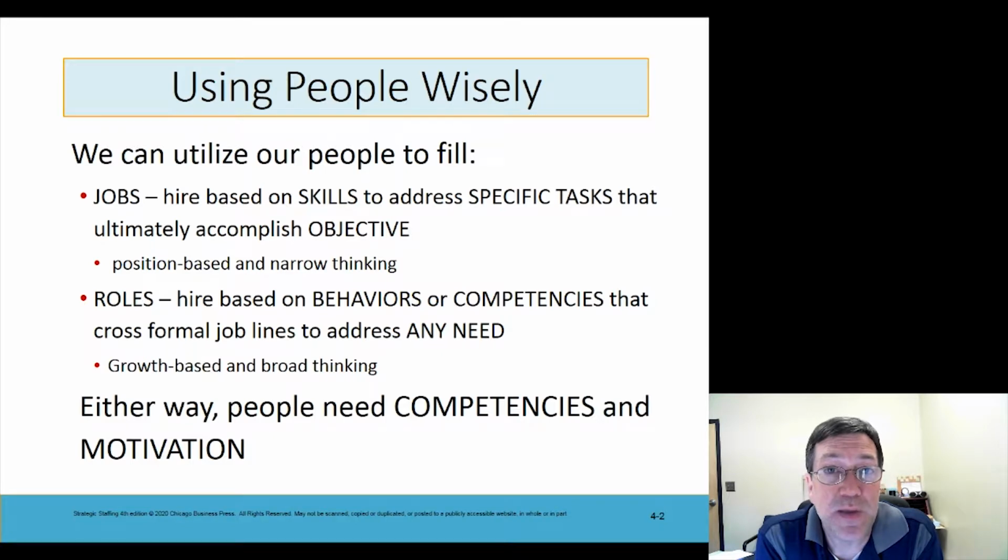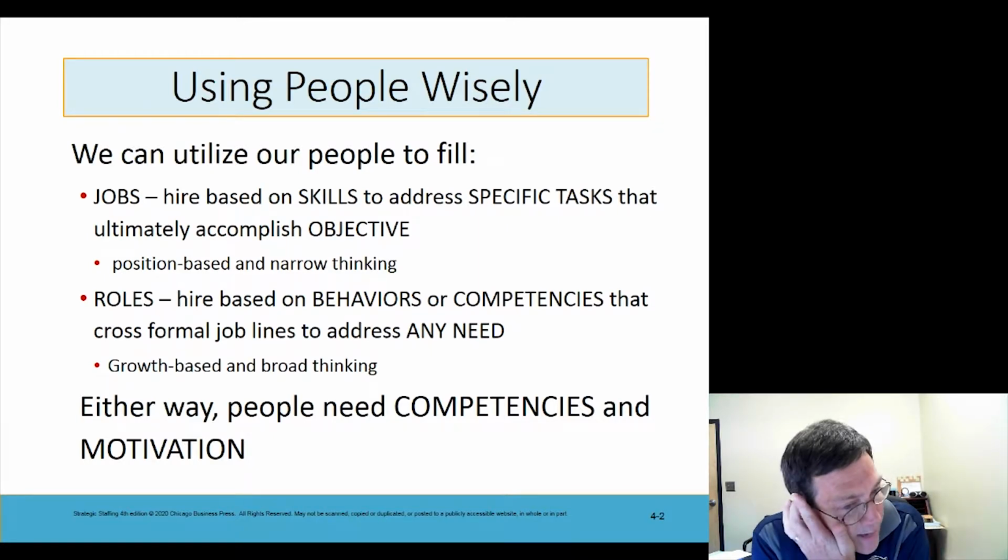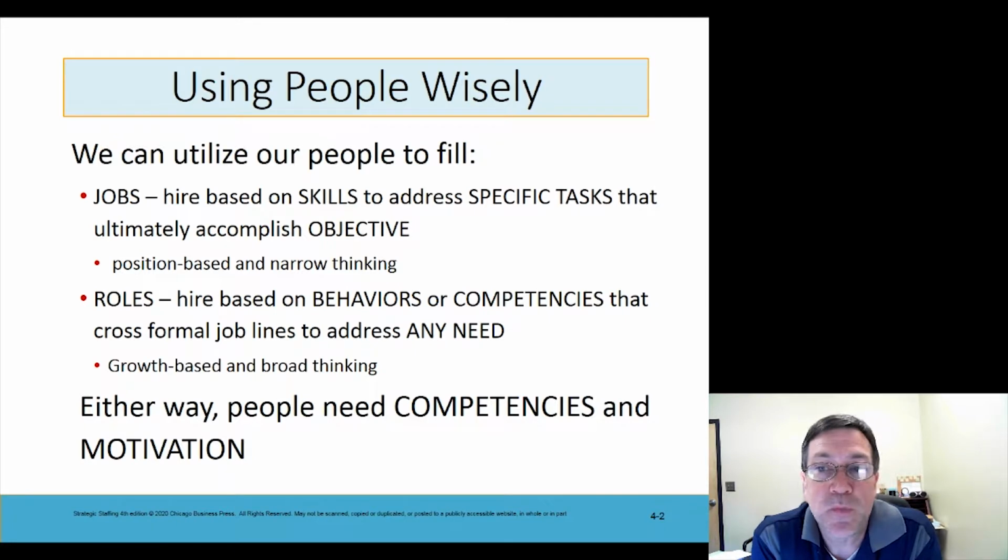So we can hire people to fill jobs. And that's the way that we do a lot of times, especially if we're not strategic in our processes. If we are very haphazard in our processes, we look for somebody who can fill this job without much thought to other jobs that they could be doing or jobs that they could be growing into over time.